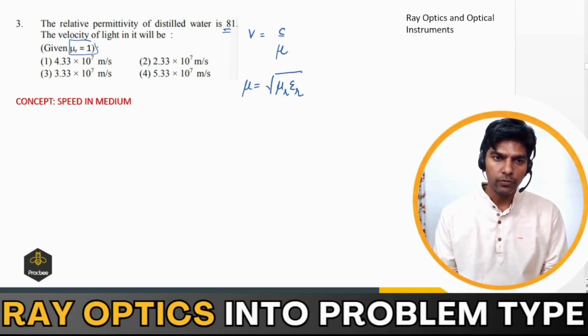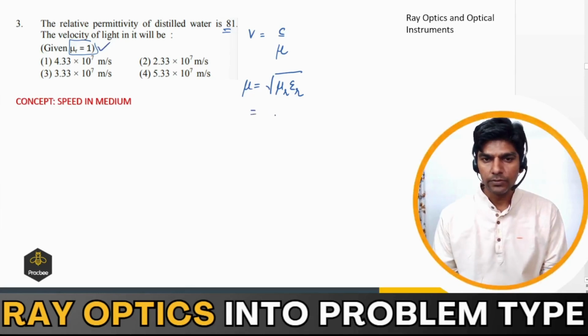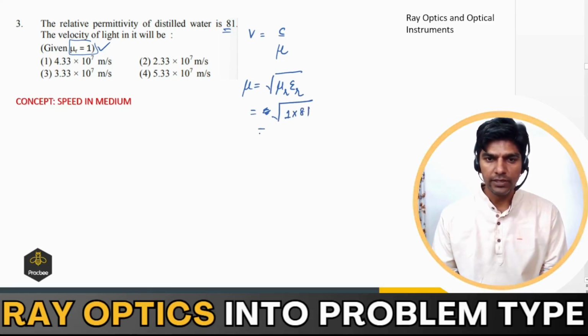Here we are given mu r as 1. So the refractive index will be the root of 1 times 81, which is 9.